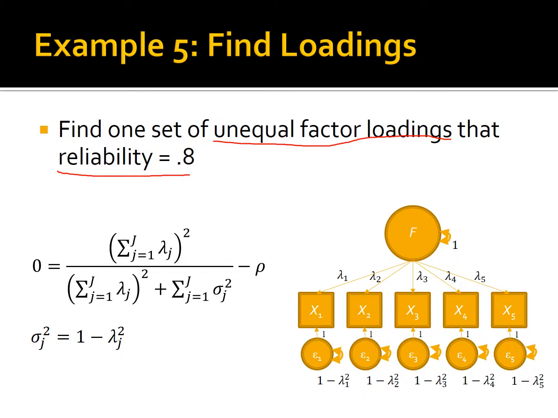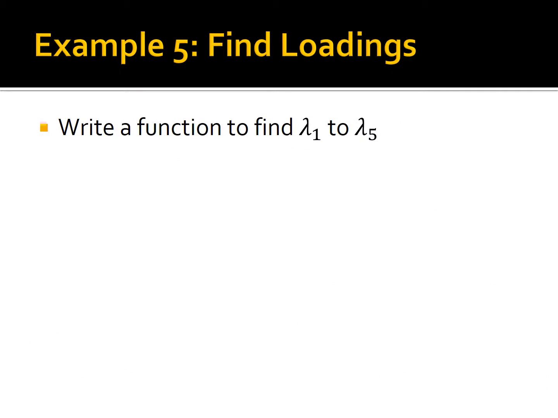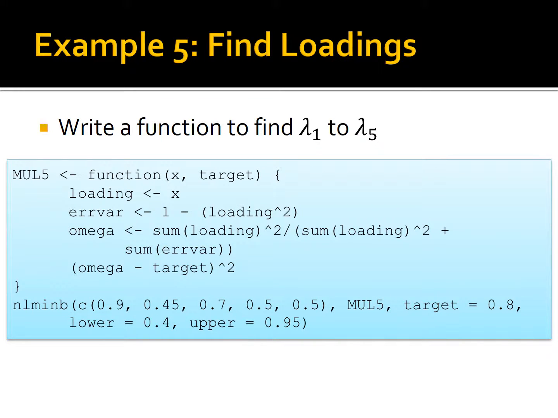We want the indicator variance to be 1, so sigma square sub j equals 1 minus lambda square sub j, assuming the factor variance is 1. Because we would like each variable to be important or quite important, we fix the standardized loading to range from 0.4 to 0.95. Then we can write the equation.